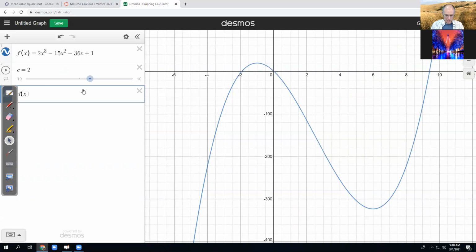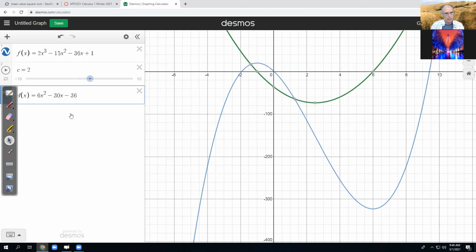Oops, shouldn't have deleted that one. What I'm going to do is set up a tangent line because I want to show you something interesting. So D is 6x squared minus 36.